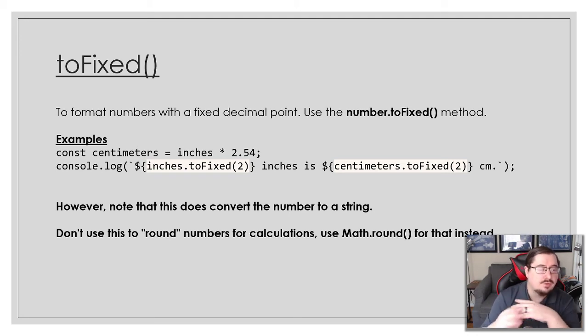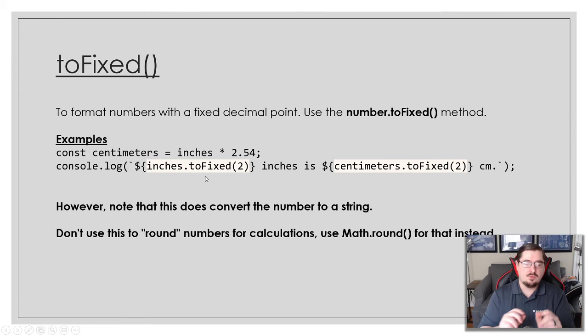So if I'm starting with a number, it has a method called toFixed, and toFixed takes an argument that says how many decimal places you want. So here I'm saying I want to round inches to 2 decimal places. So it's going to give me inches to 2 decimal places and centimeters to 2 decimal places.